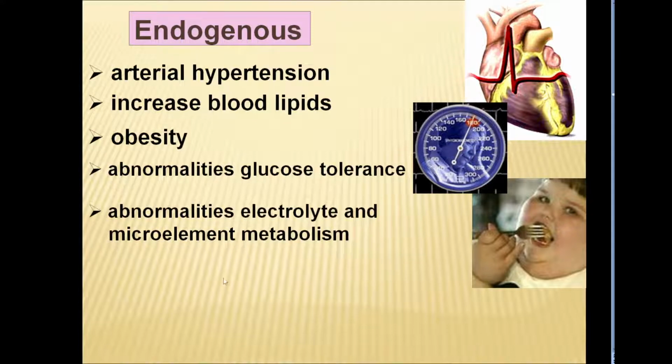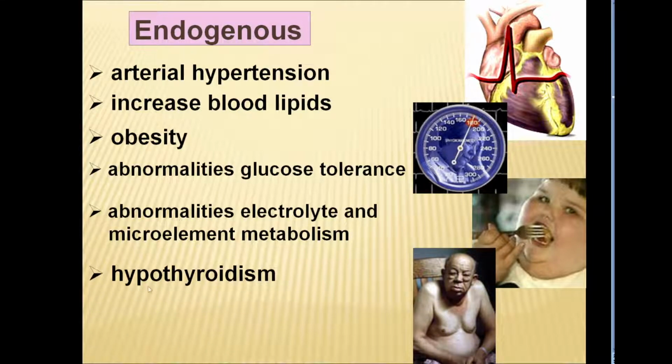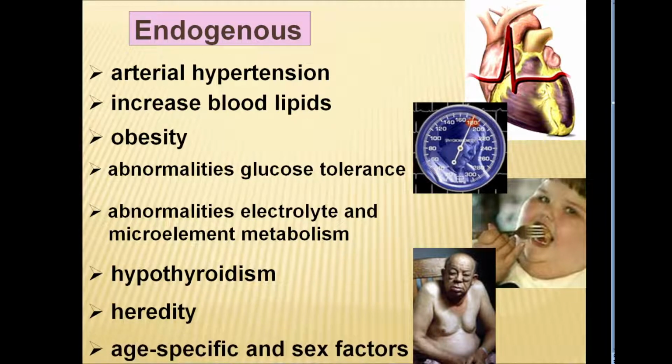We must remember about electrolyte and microelement metabolism. Hypothyroidism is a provoking factor of ischemic heart diseases, because the thyroid gland regulates activity of the cardiovascular system. And more often, all these problems appear due to some hereditary predisposing factors and age-specific and sex factors.